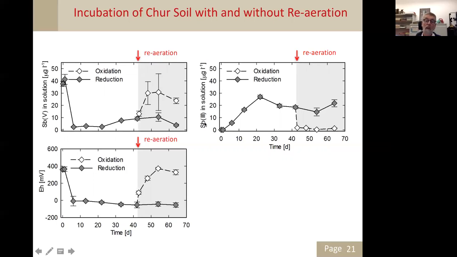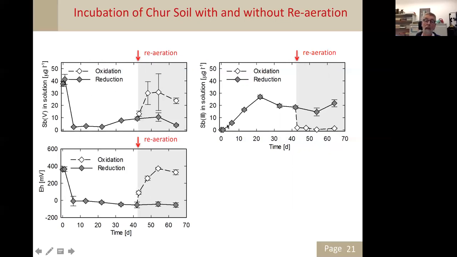What happened to Sb3, antimonite? Interestingly, also the antimonite increased, but more slowly. Well, we should have expected, actually, if there would have been no sorption, that it would increase rapidly, right? If everything would have remained in solution, the missing antimony 5 here should have been exchanged against antimony 3.